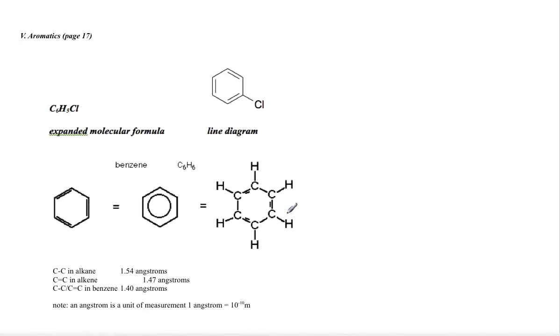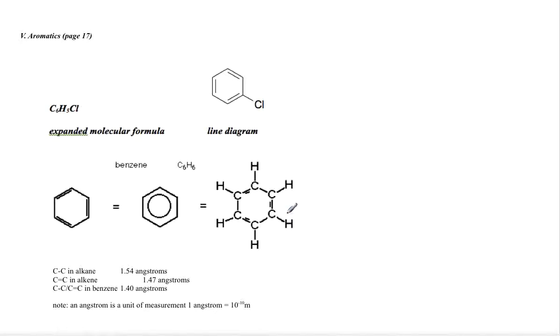Now, at first glance, you might think to yourself, well, why isn't this part of the alkene family? Because it has double bonds in it. And one of the things that puts molecules in a particular family is their similar properties. And one thing that chemists observed is that benzene and these molecules that we refer to as aromatics, although they have double bonds in them, they don't actually react in the same way that alkenes do.